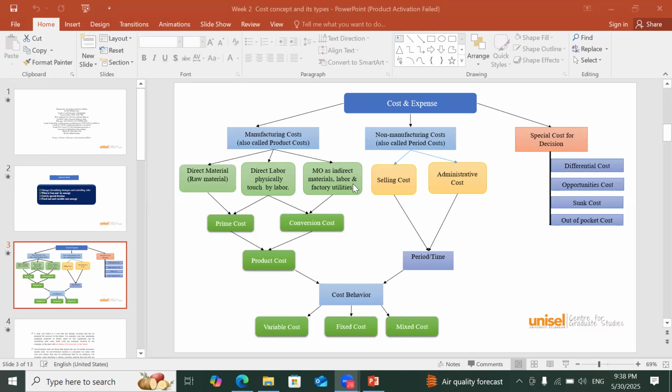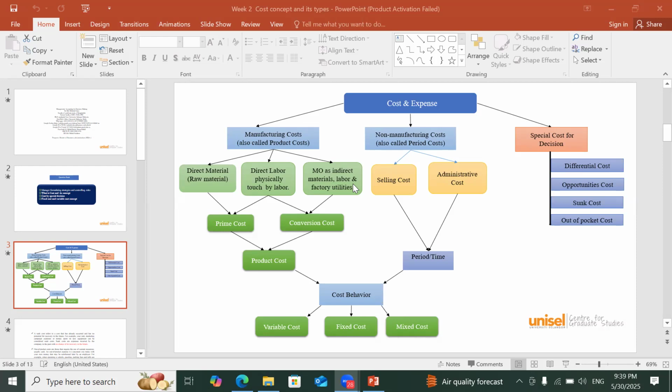So, for example, supporting materials that are needed to extend or create value of a product, say packaging system, painting. This is considered indirect material. These elements are used to increase or extend the value creation of a product.